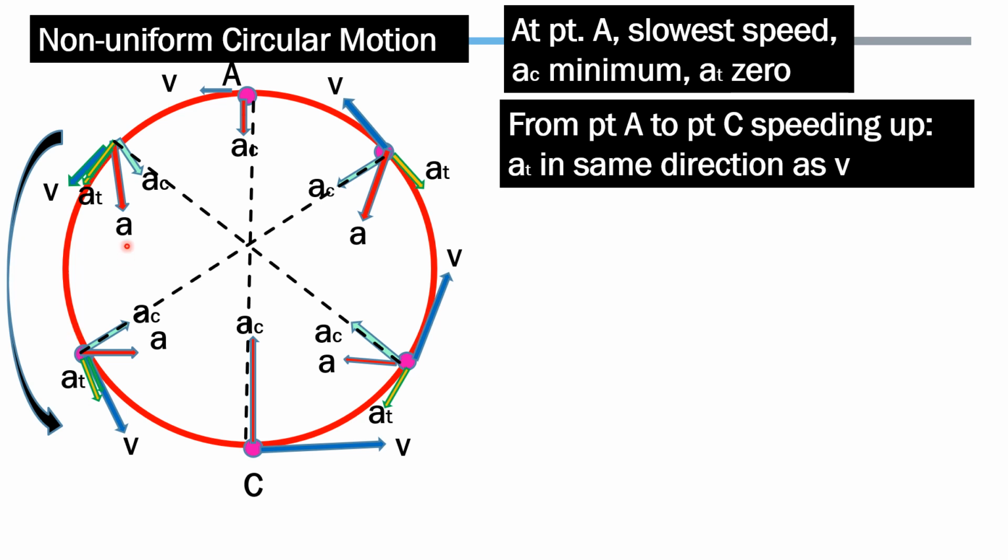But the acceleration towards the center, the centripetal acceleration, is not constant, according to the equation a sub c equals v squared over r, where v is the tangential velocity at constant radius.